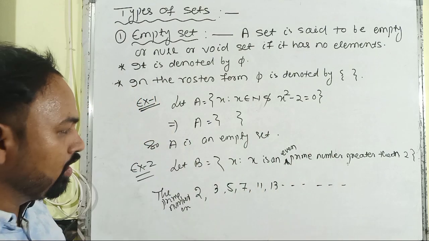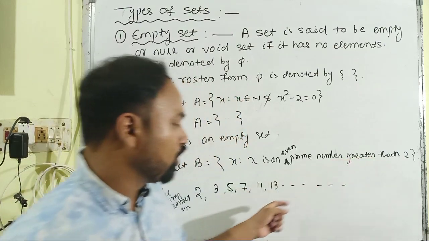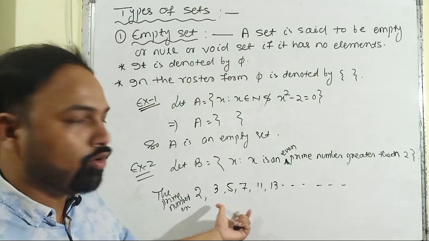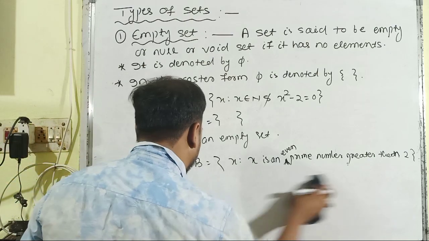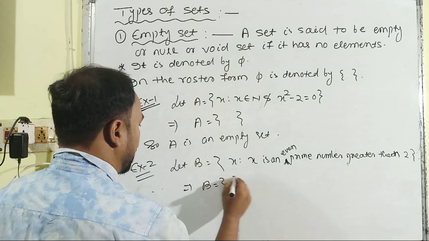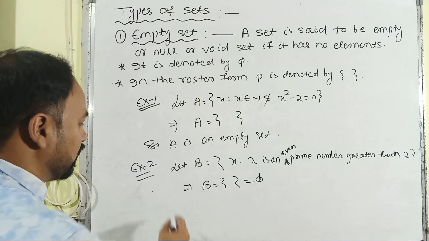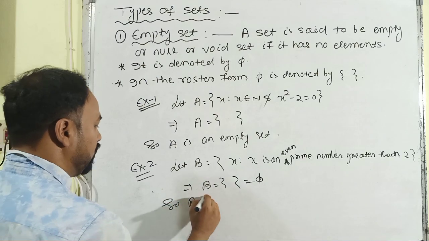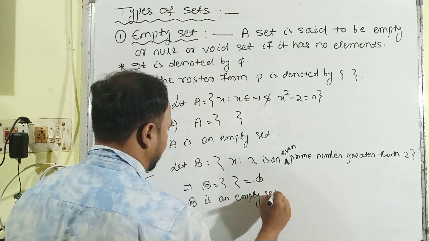So we cannot find a prime number greater than 2 that is also an even number, and we cannot find any number in the list. So this set is again an empty set. Here B is an empty set, or we can also denote it by the symbol phi.